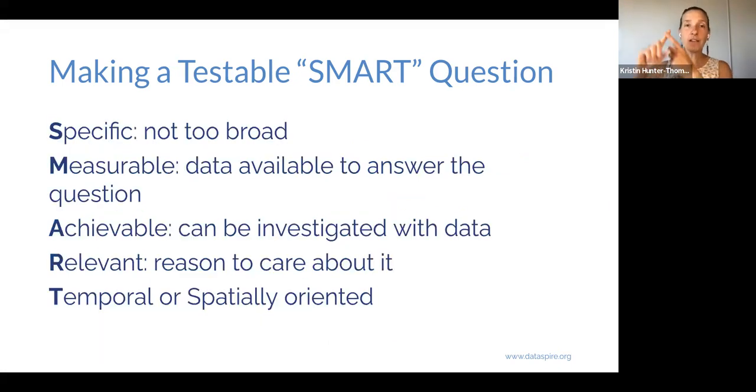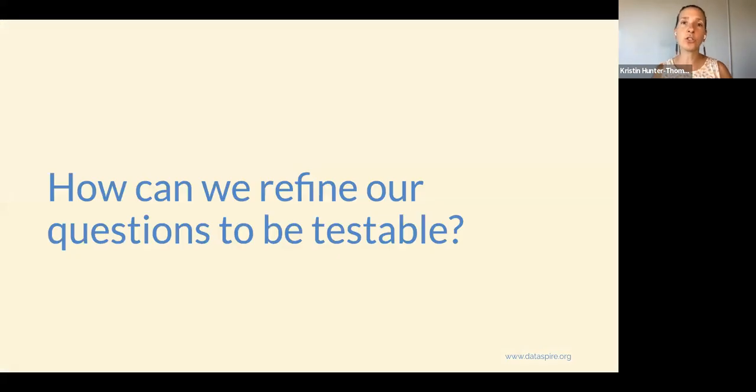So specific, measurable, achievable, relevant, and temporally or spatially oriented is a way that we can make our testable questions really strong and set us up for success to explore them with data, to investigate them, to pursue this line of inquiry.